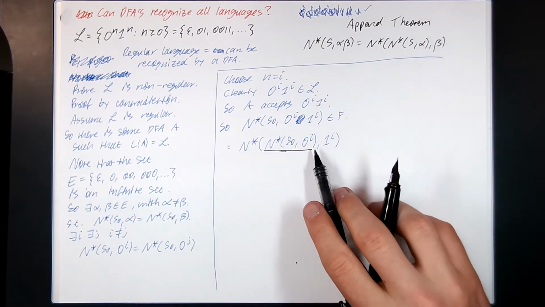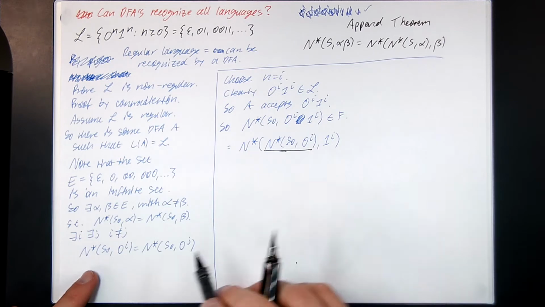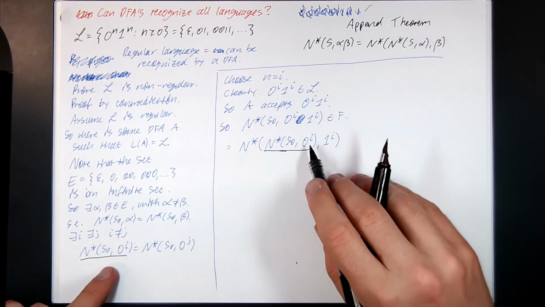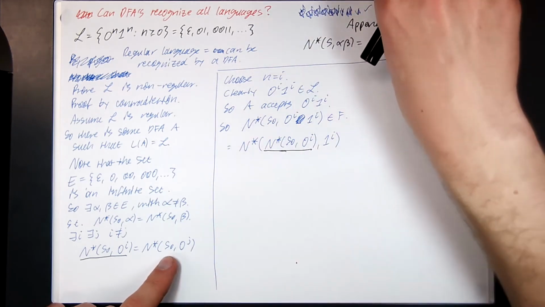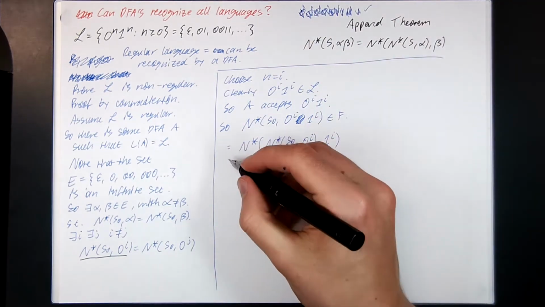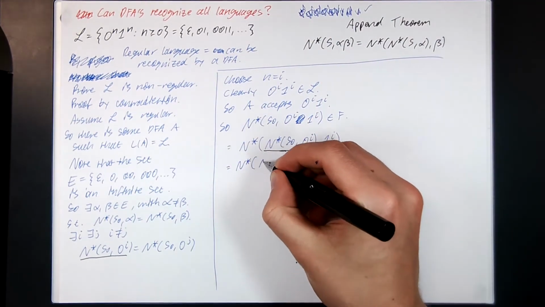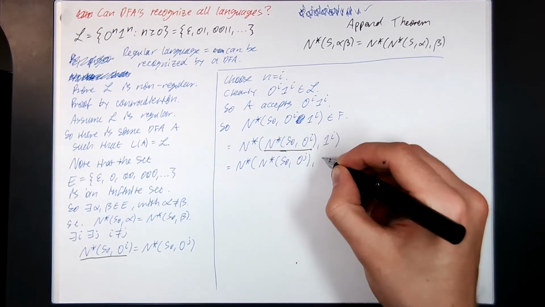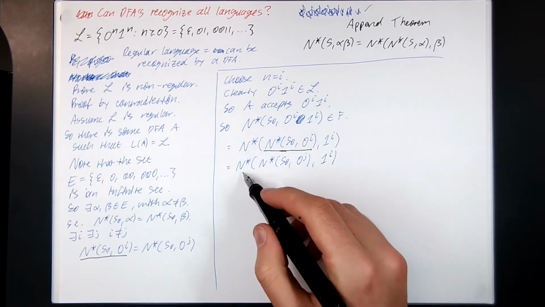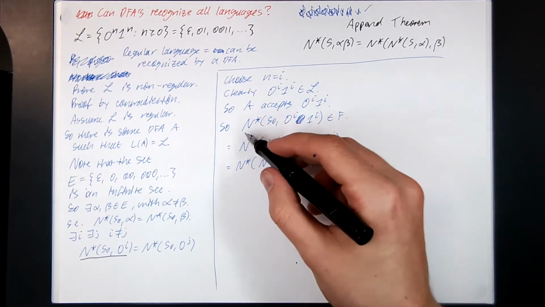Well, I know from applying pigeonhole principle, reading i many zeros from the initial state is the same as reading j many zeros. So I can swap these two terms out. So from the initial state, reading j many zeros followed by i many ones. And this state here is going to be the same as this state here.